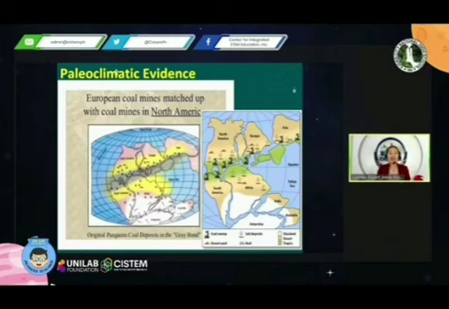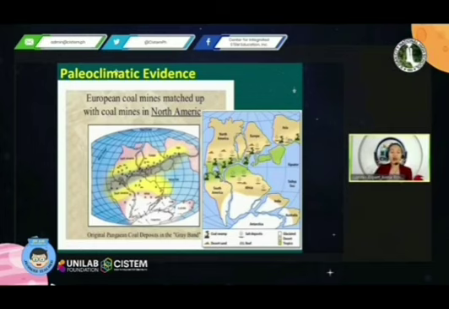All right. It was not accepted because Alfred Wegener could not explain what really caused the drifting. He had a hard time explaining it. He could not explain the driving force which is enough to move the continents apart. So the theory was not accepted by the scientific community.